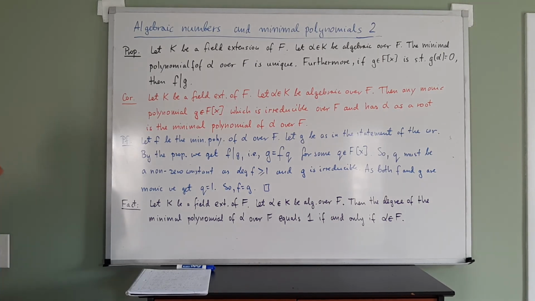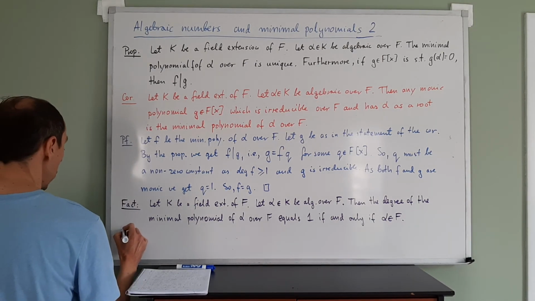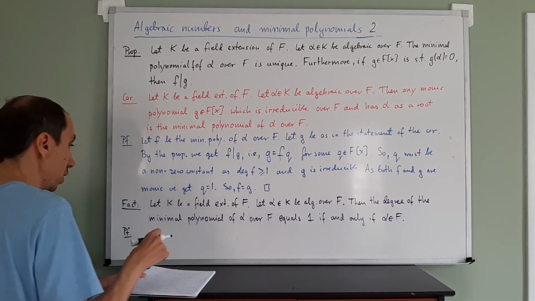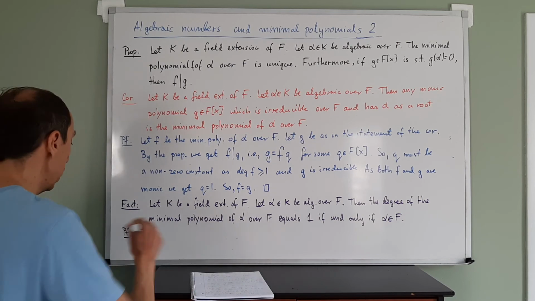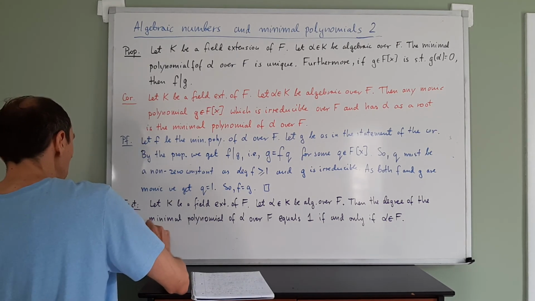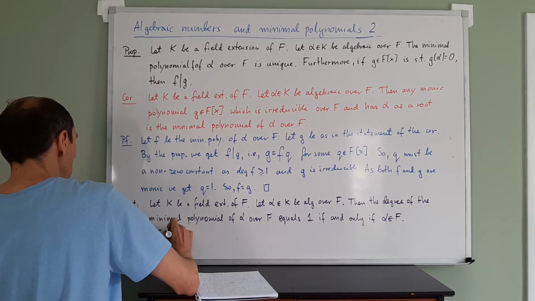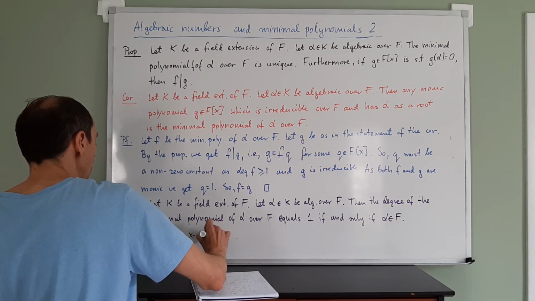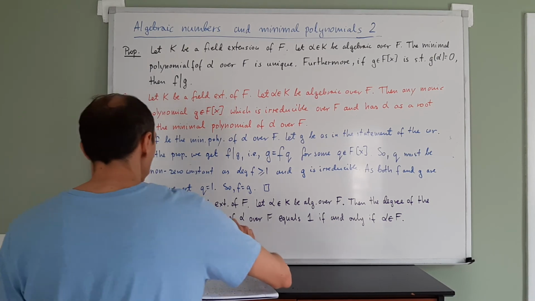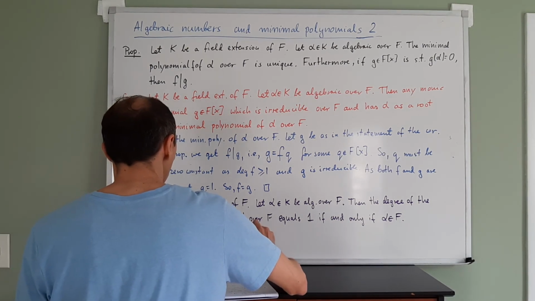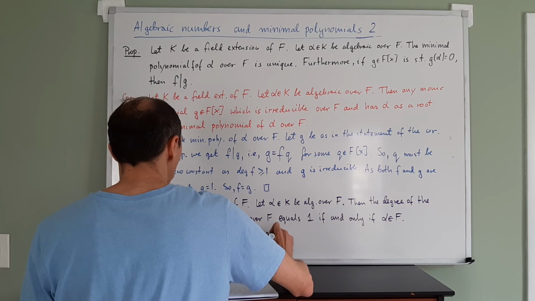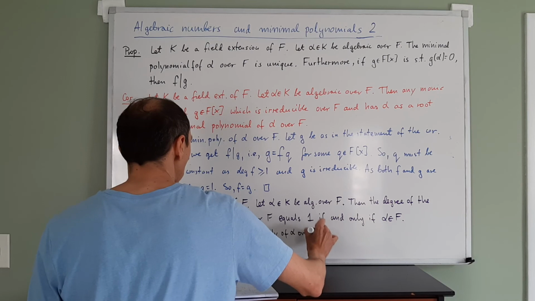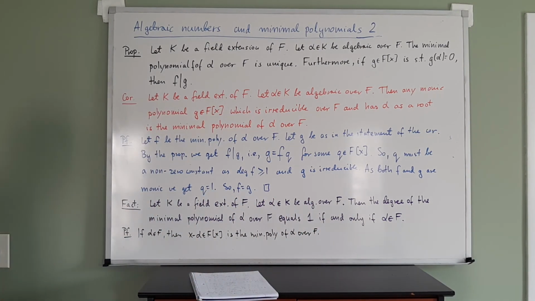Let's prove this quickly. There are two directions to this statement because it's an if and only if statement. First of all, if alpha is in F, then x minus alpha is the minimal polynomial of alpha over F. We already discussed this direction.